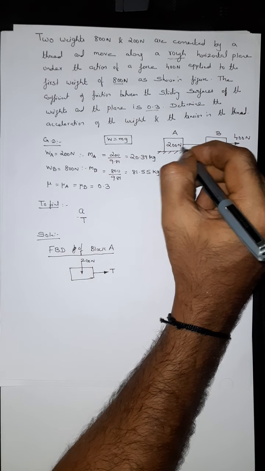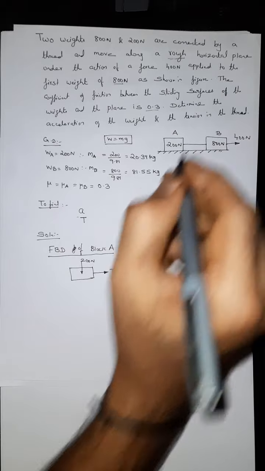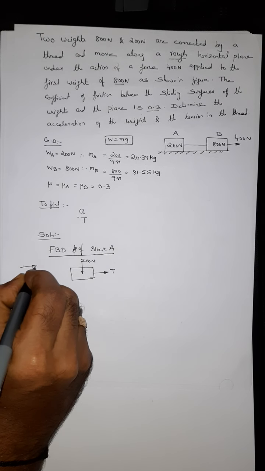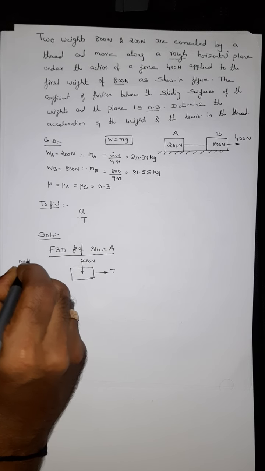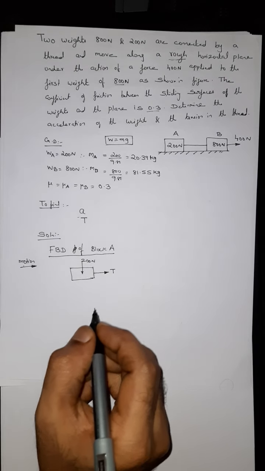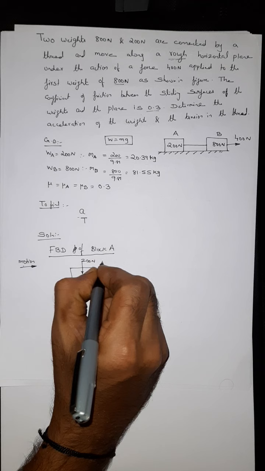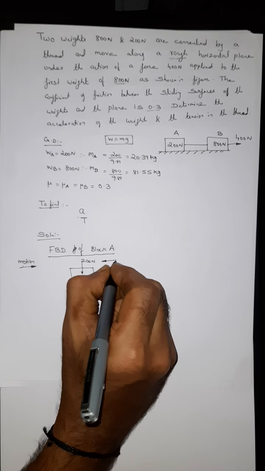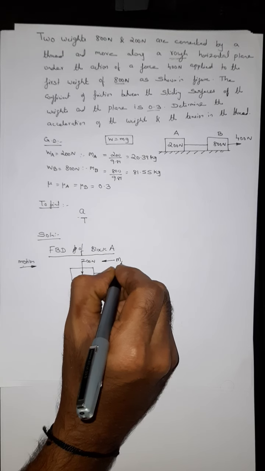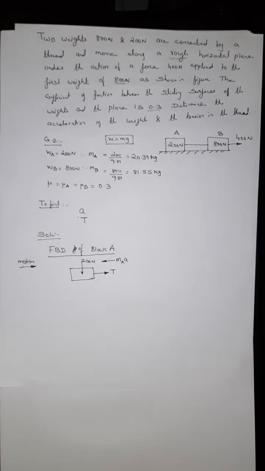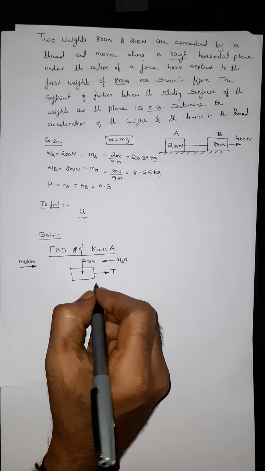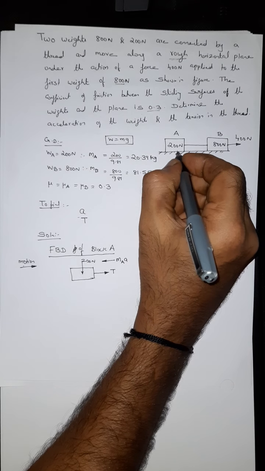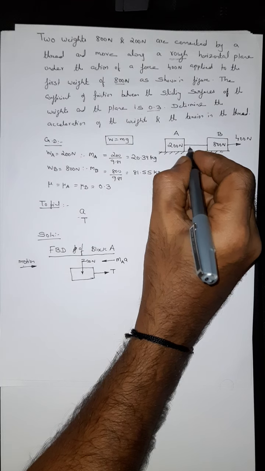A will also move in the positive x direction. So the motion will be in the right direction. Therefore, its inertia force would be opposite of this, which can be mentioned as MA times A. And the frictional force, because there are two surfaces in contact, would be opposite of the motion.